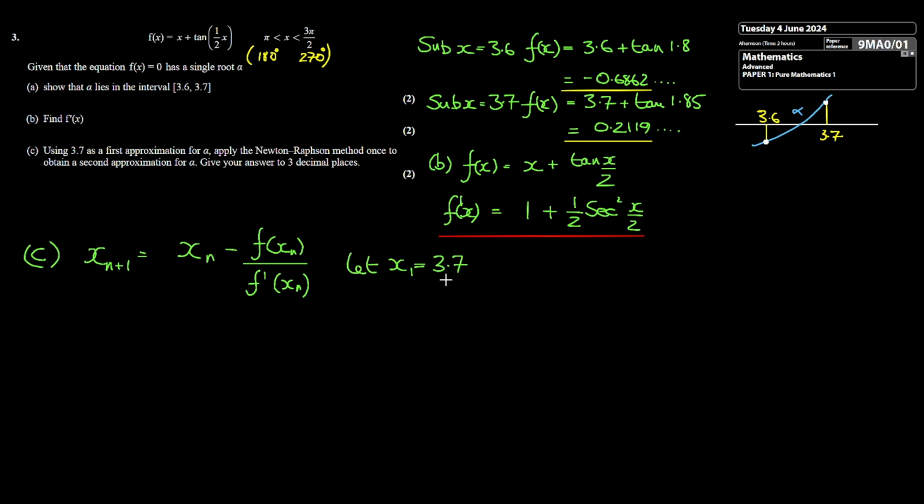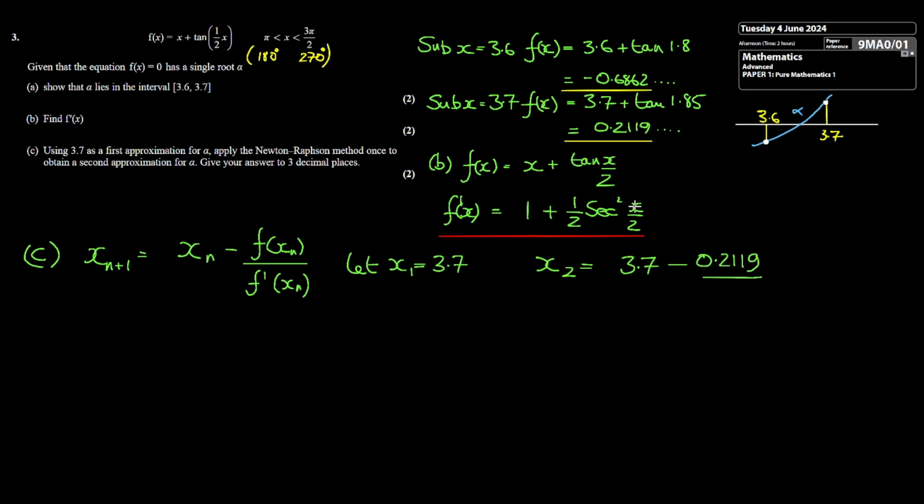So I'm going to use my value of x1. This will produce me x2, so this is going to be equal to 3.7 minus, well, we've done this calculation already because we've already put 3.7 into f(x), so I can just write down this, which is 0.2119.